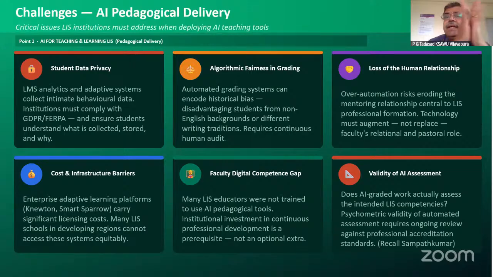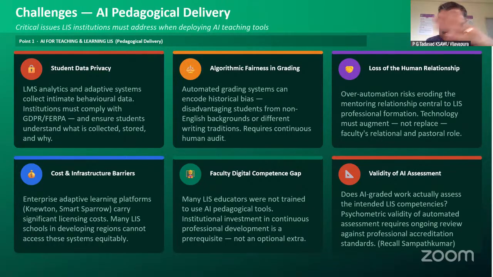The second one is algorithmic fairness in grading. Those who are familiar with automated grading systems can easily pass. But there are many disadvantaged students from non-English backgrounds or different writing traditions. They may not do very well in this regard. Some of you who are trying for European countries might be facing the IELTS exam, the English ability examination.